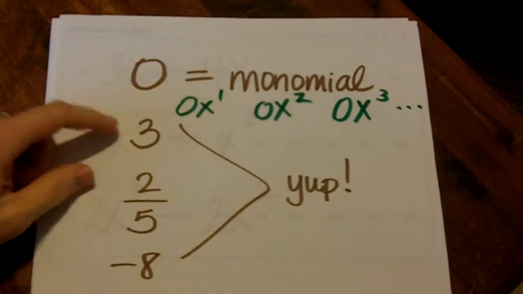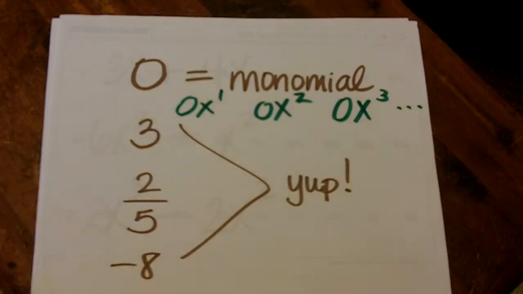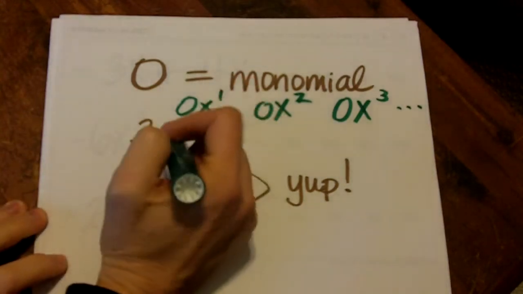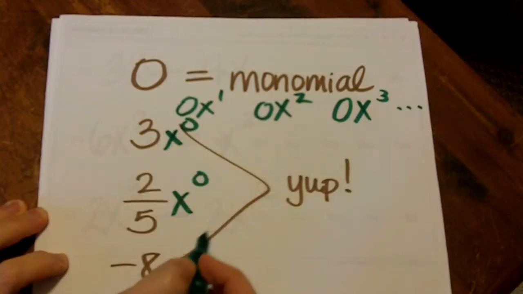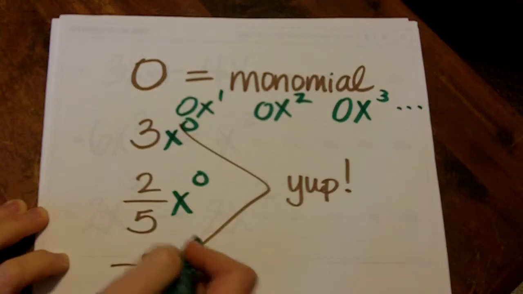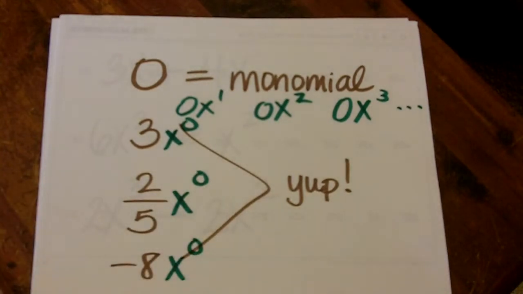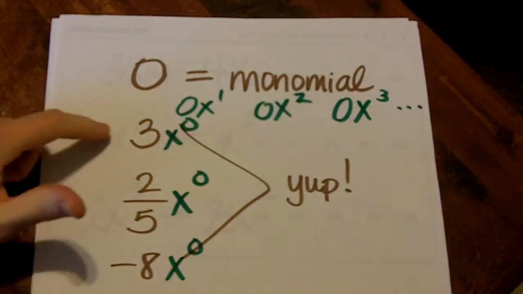Likewise, a number such as 3 or 2/5 or -8 can also be monomials. In fact, they are monomials because they could be written this way. It could be 3x to the 0, or 2/5 x to the 0, or -8 x to the 0. If it's x to the 0, we know that equals 1 because anything to the 0 exponent equals 1, except for 0, of course.